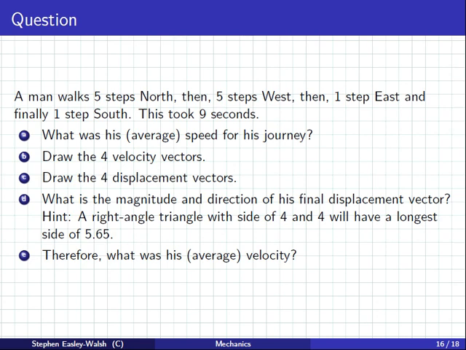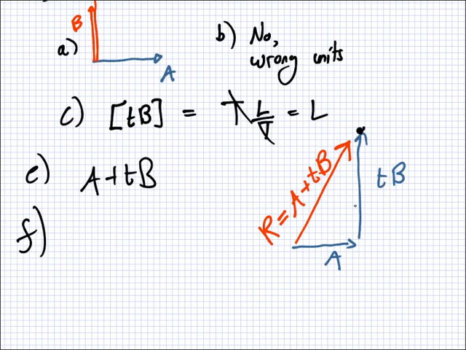A man walks 5 steps north, then 5 steps west, then 1 step east, and then 1 step south. This took 9 seconds. Okay, let's draw this. Now, to make my life easier, I'll make boxes. Oh, come on. How does this work again?